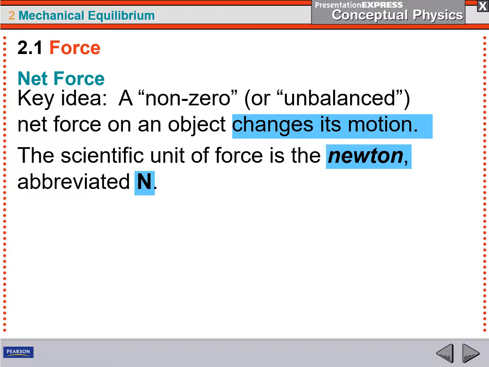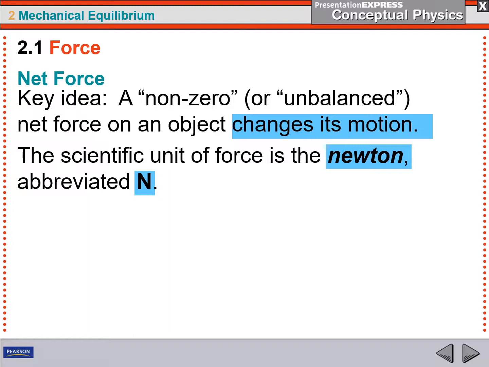A lot of times in this class, we're going to be studying these ideas and concepts, and then we're going to try to measure them. So the unit of force, the measurement for force in the metric system, is called the Newton.